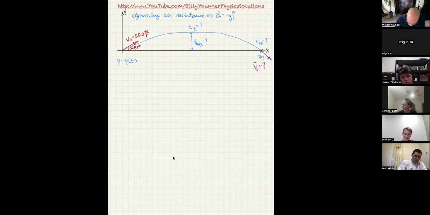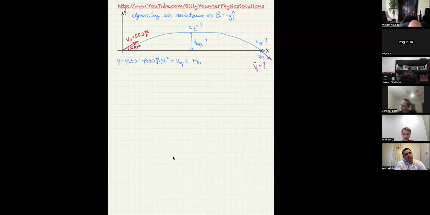And because I know the acceleration is negative g, it's going to be negative 4.90 meters per second every second times t squared, plus v0y times t, and then plus y0.